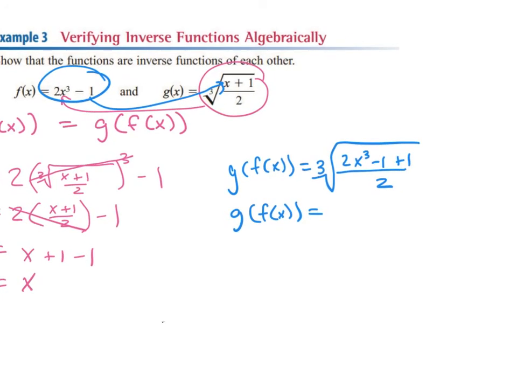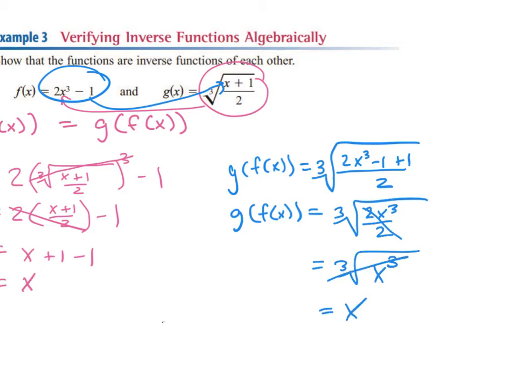We can simplify this. Our 1's cancel each other out. Negative 1 plus 1 is 0, so 2x cubed over 2. Our 2's cancel each other out, so then we're just left with the cubed root of x cubed. And then the cubed root and the cubed cancel each other out. So then we're just left with x.